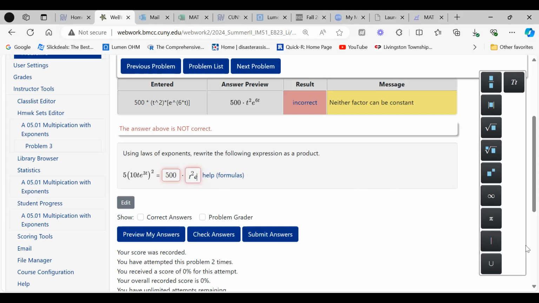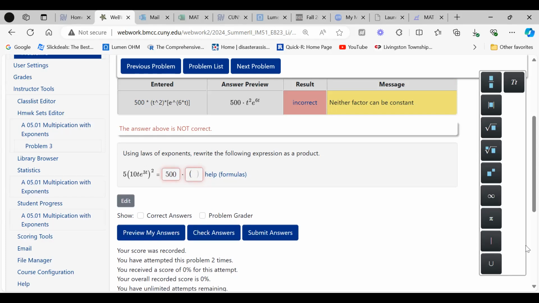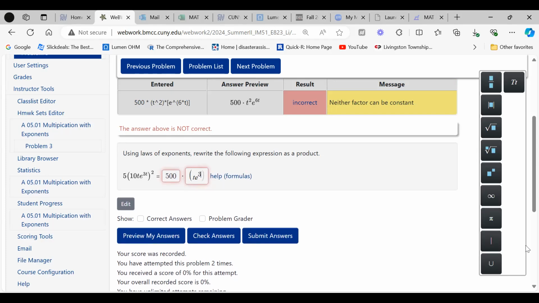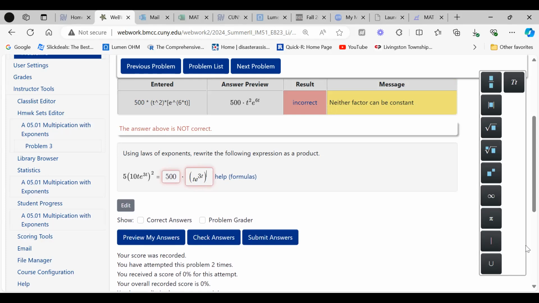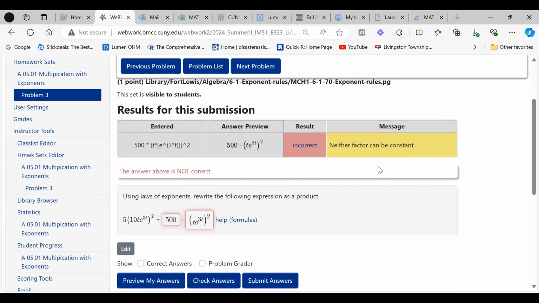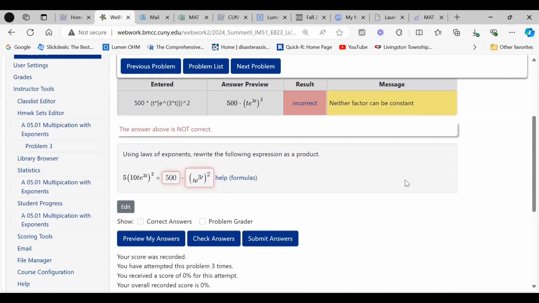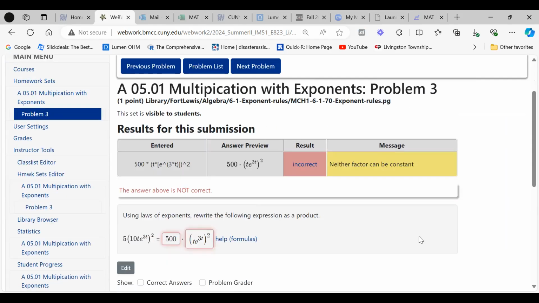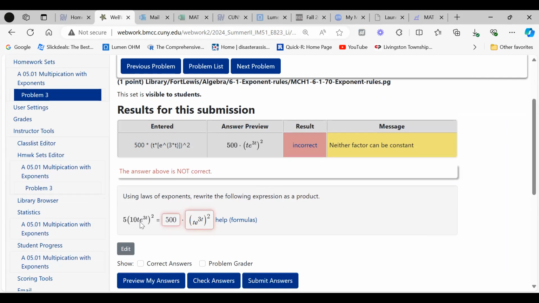Let me try this. T, e times e to the 3t, to the second power. No. Oh, I see.